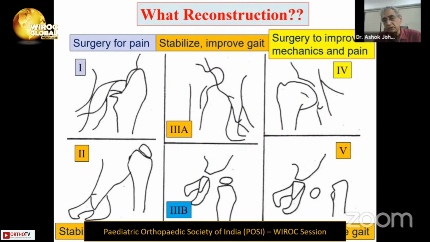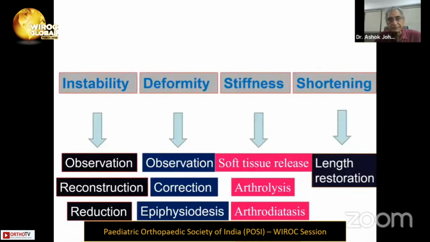Largely, we would like to relocate those hips if the femoral head is good, viable, strong, round, and of fairly good size. Subluxated cases, we want to restore the congruity. Group 4, avascular necrosis, the Perthes type of septic arthritis, surgery to improve mechanics and joint function. And then group 5, we stabilize to improve the gait.